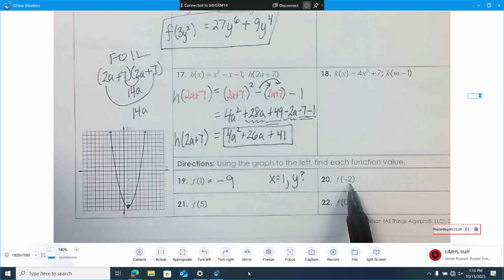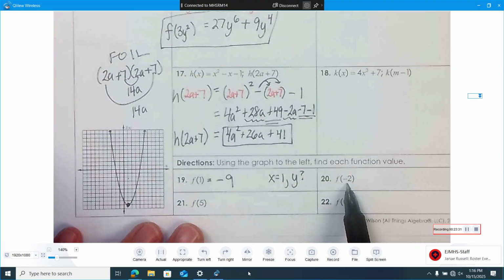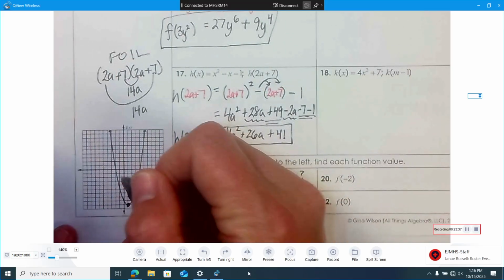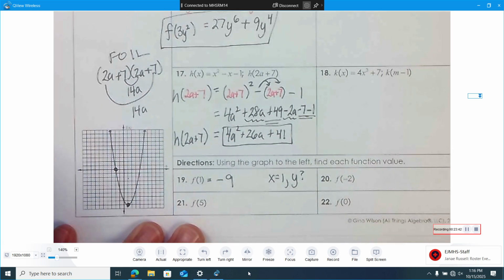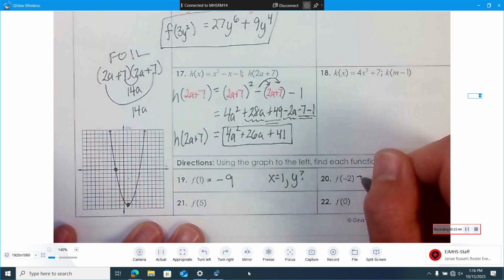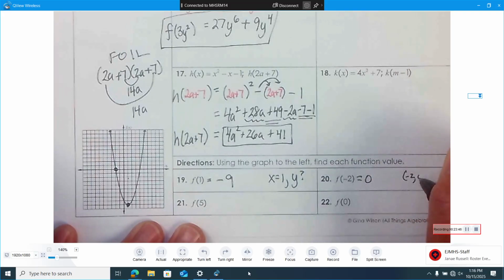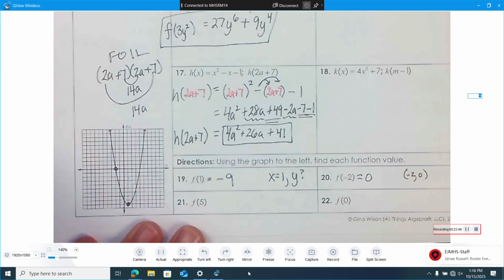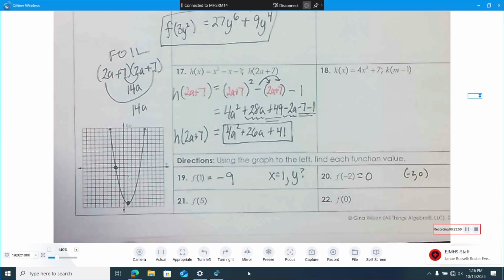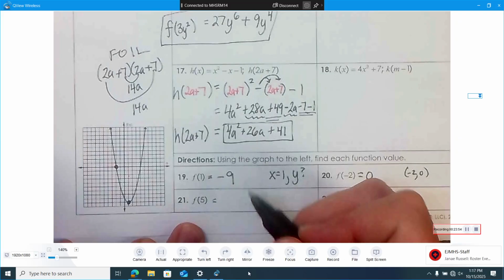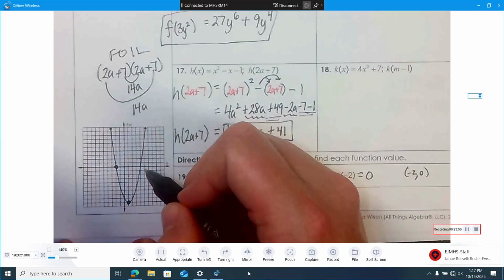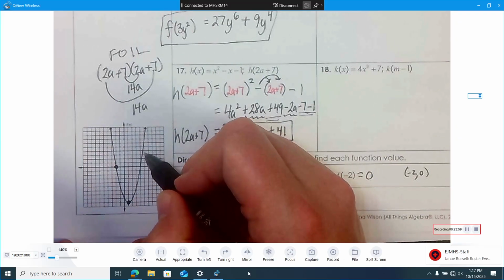If f of negative 2, what's that telling me? The x is negative 2, so where is the corresponding point on the graph? Right there at 0. The y value is 0. Negative 2, 0 is a point on my graph. f of 5. 1, 2, 3, 4, 5, 6.